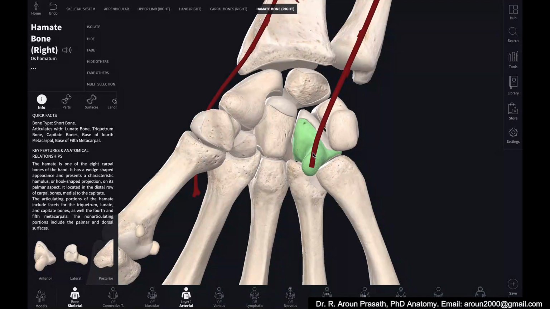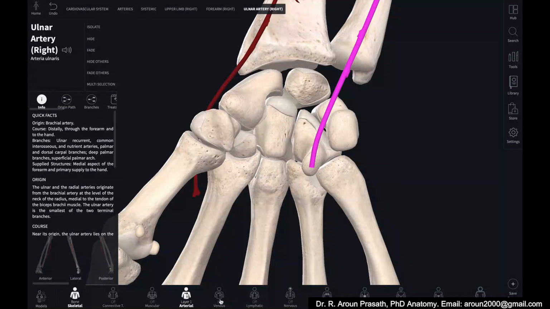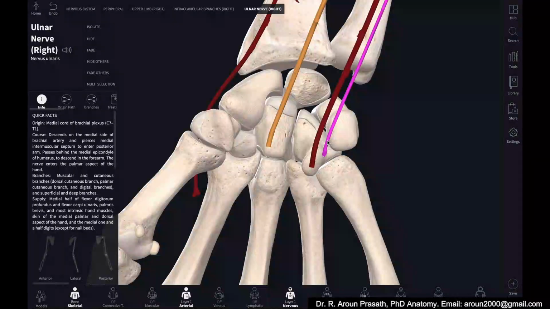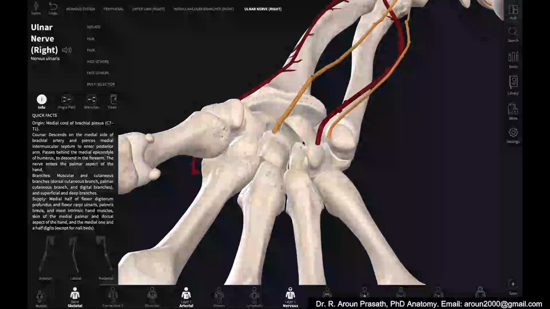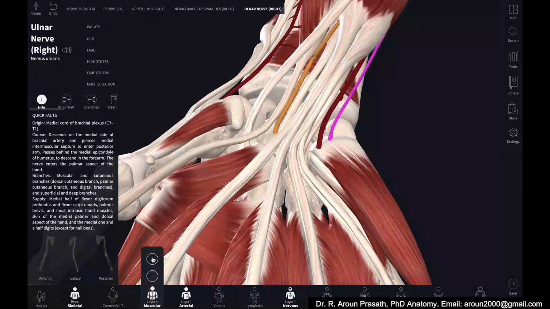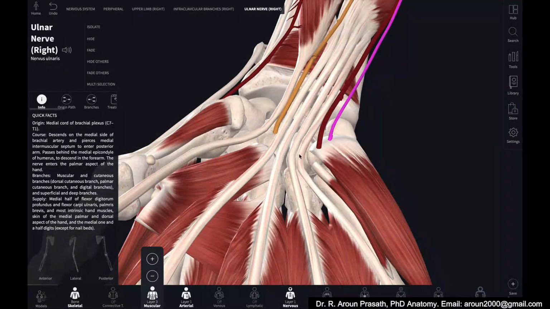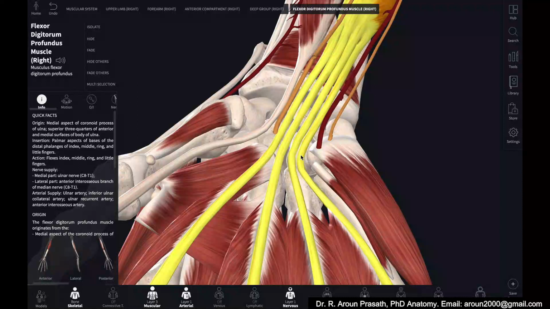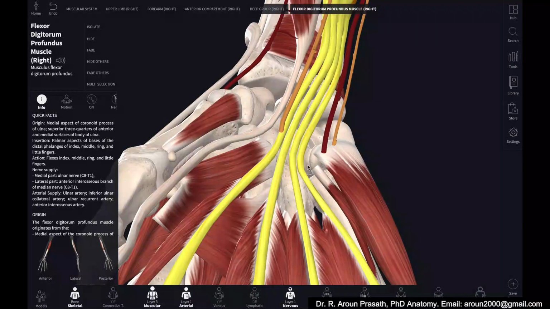See, this is the ulnar artery and the ulnar nerve, passing by the hook of the hamate. The flexor digitorum profundus tendon is also passing there.